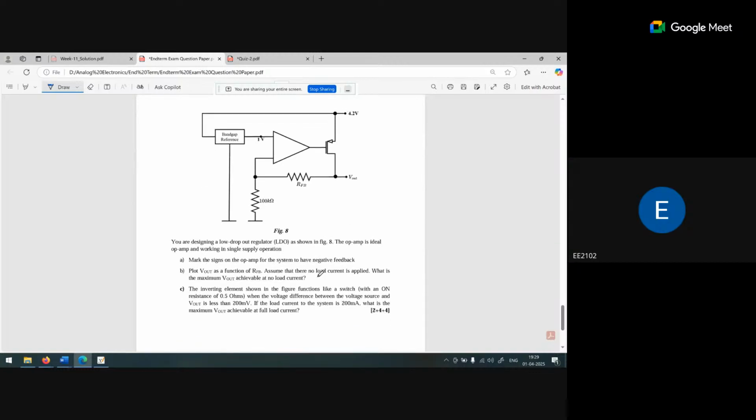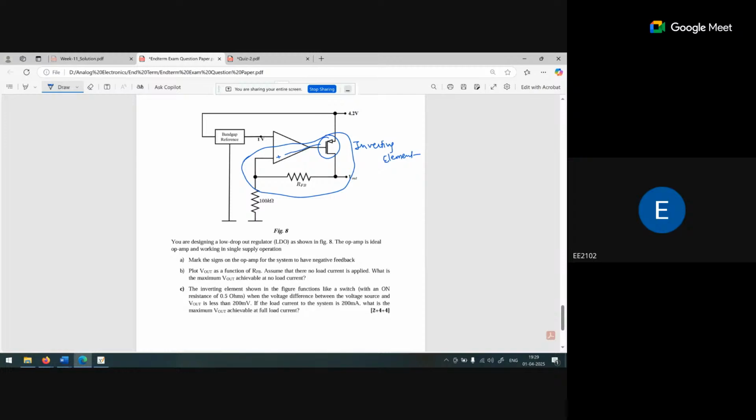Now the question number 8. Now mark the sign of the operational amplifier. If you apply a positive terminal here, because of this positive terminal and this negative inverting element, this part will be the negative feedback.